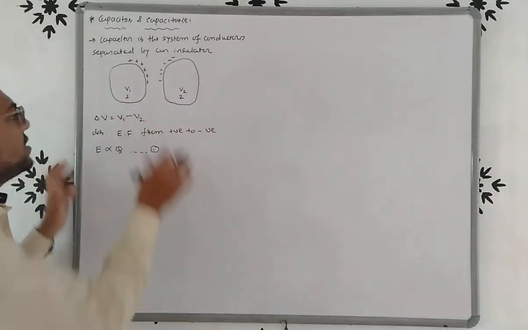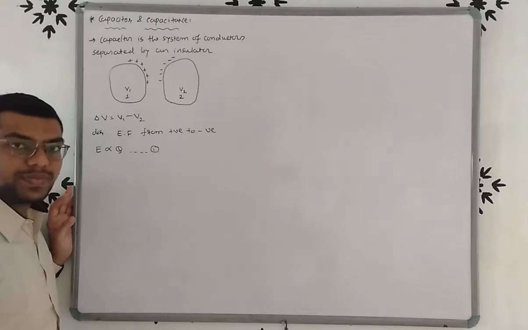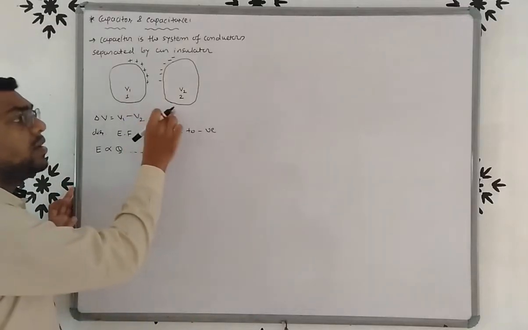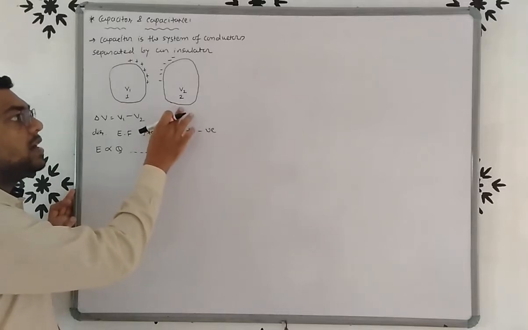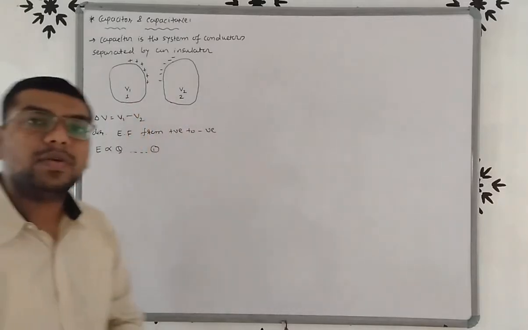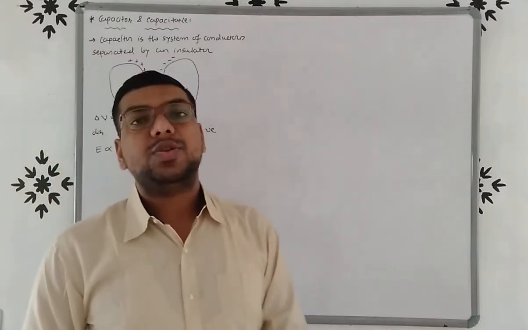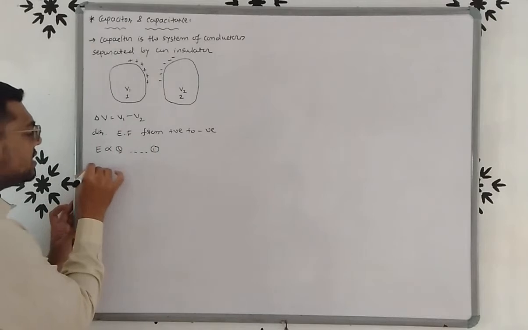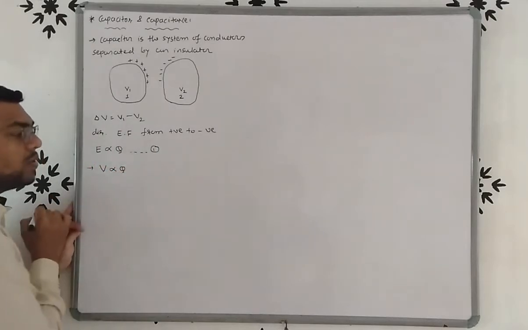So we can explain it like this: the work done to move the charge from conductor 2 to conductor 1 opposite to the electric field is known as the potential. And we know that this potential is directly proportional to charge Q.